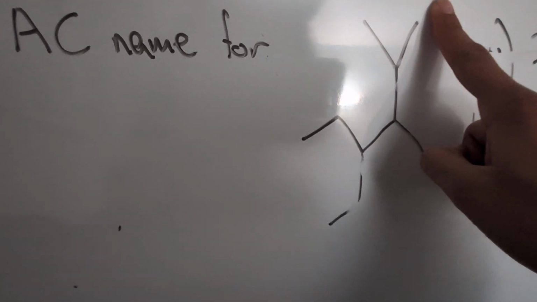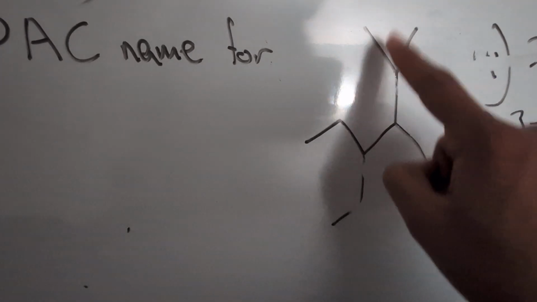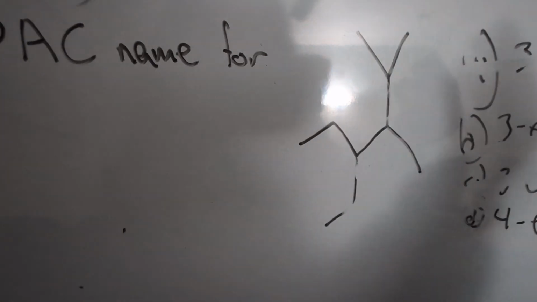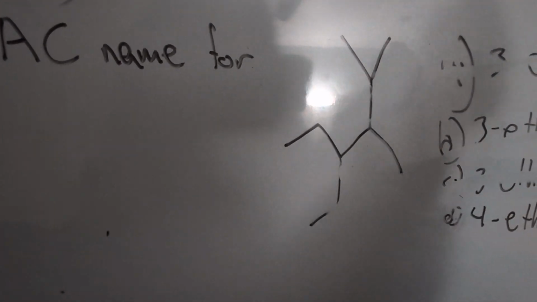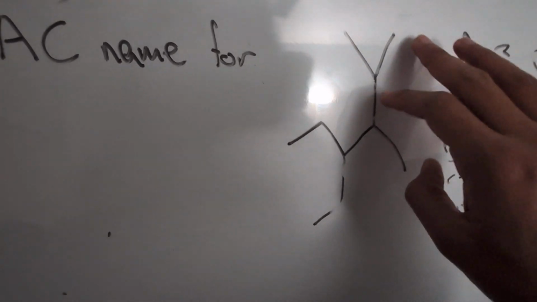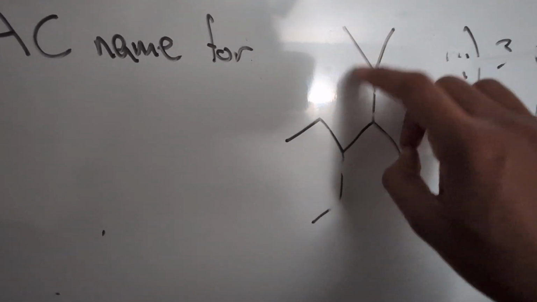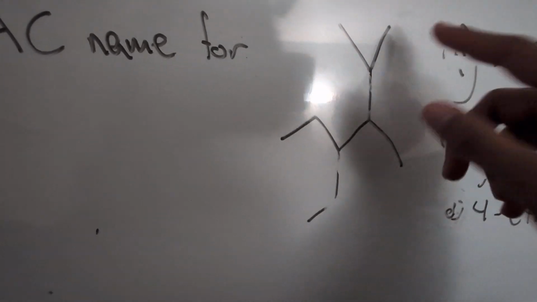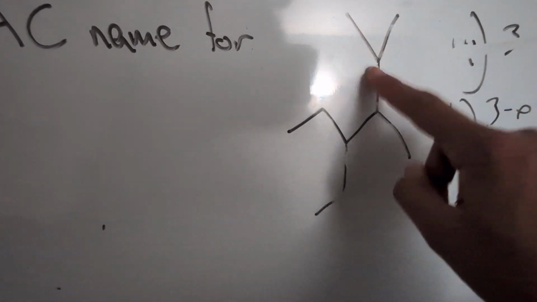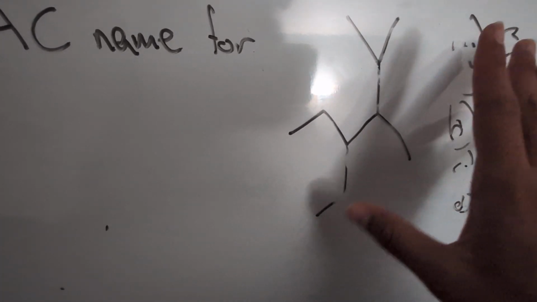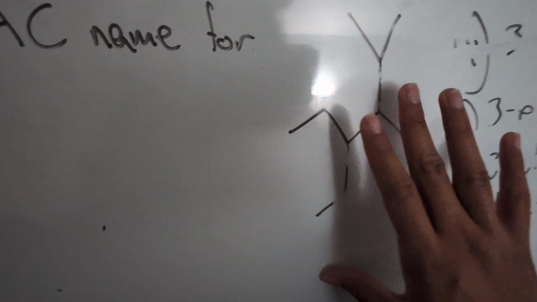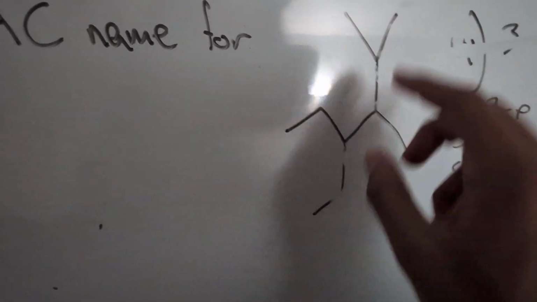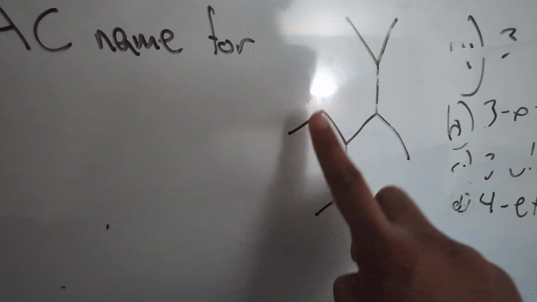Meanwhile, if you ordered it from here, it would be 1, 2 methyl. And the rule for naming in IUPAC is you start from whichever has the closest substituent, the lowest number first. So it'd be 1, 2, from here, hexane.